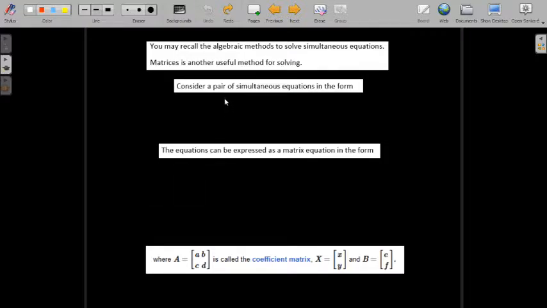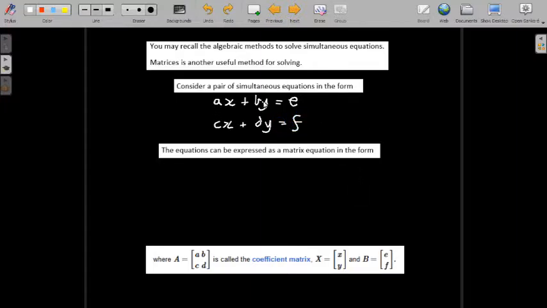To start off with, we'll consider a pair of simultaneous equations in the form as followed. So we've got ax plus by equals e, and we've got cx plus dy equals f.